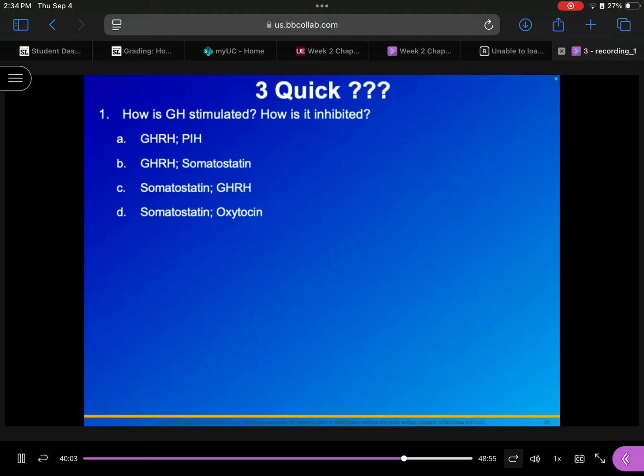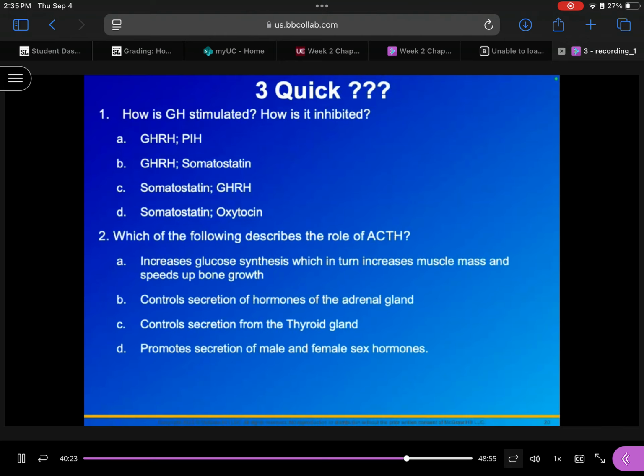All right. How is growth hormone secreted and how is it inhibited? Yep. Growth hormone releasing hormone is how it's stimulated, and then somatostatin or growth hormone inhibiting hormone, GHIH, is going to be how it's inhibited. Very good. Which of the following describes the role of ACTH?